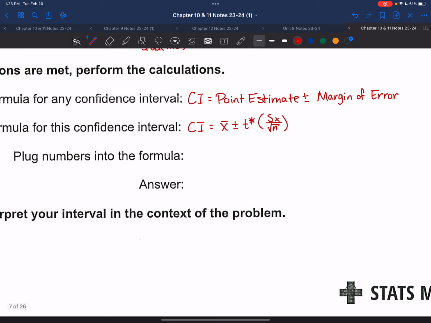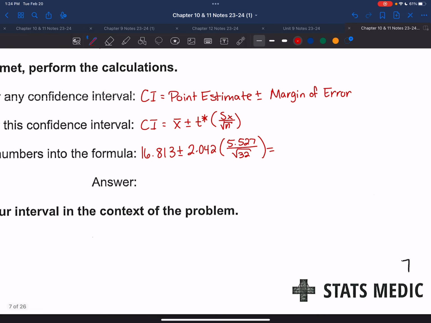And so if I put all of my data in there for this, I'm going to get 16.813 plus or minus t star, in this case, is 2.042. I'll show you that here in a second. Over standard deviation of 5.527 divided by the square root of 32.